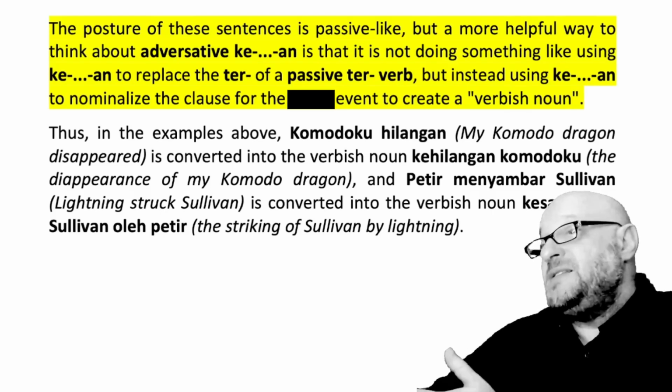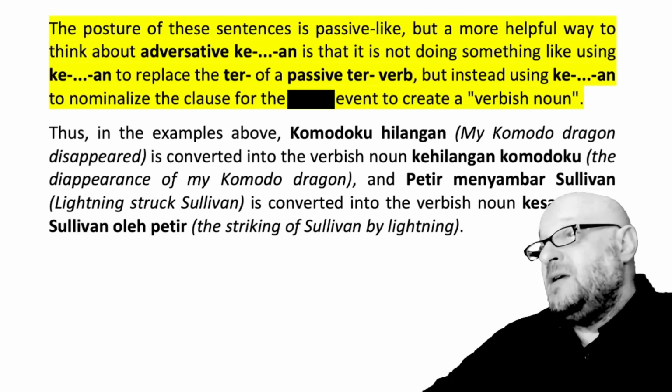The posture of these sentences is passive-like, but a more helpful way to think about adversative ke-an is that it is not doing something like using ke-an to replace the ter- of a passive ter- verb, but instead using ke-an to nominalize the clause for the event to create a verbish noun.